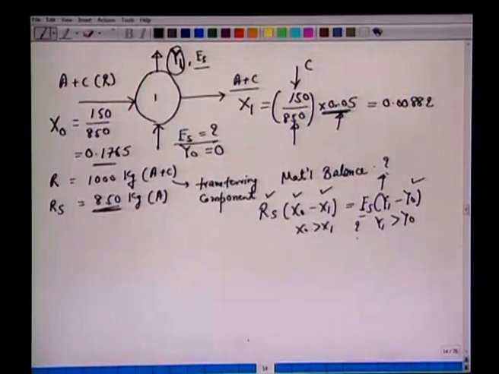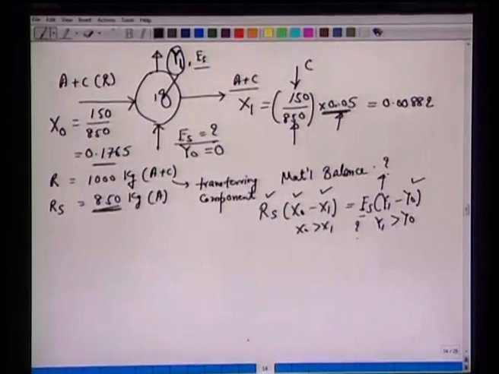What we have done here is a simple material balance, in equal to out, a species balance for this diffusing component C. We assume that A or B do not transfer from one stream to another when they are brought into these stages, cascades. So, now we have two unknowns, Y1 and ES: what is the mole fraction of the solvent phase or E phase at the exit of this stage, and how much is the solvent requirement.